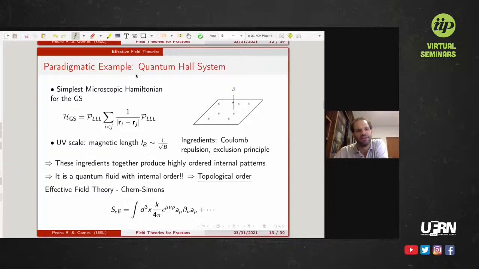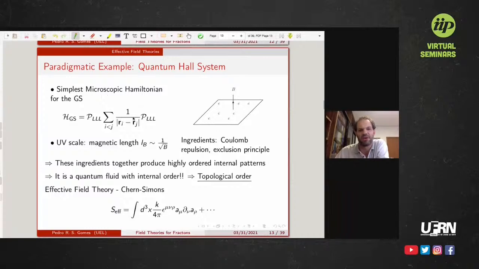So another very famous one, which will be useful for our purposes, is the quantum Hall effect. Okay, so in the quantum Hall effect, you consider a bunch of electrons moving in a plane in the presence of a perpendicular strong magnetic field. Right, so we have a lot of ingredients acting on the electrons. They try to describe circular orbits, and they feel a strong Coulomb repulsion, the exclusion principle, and we can construct a UV theory, a UV Hamiltonian, given in terms of electron degrees of freedom.